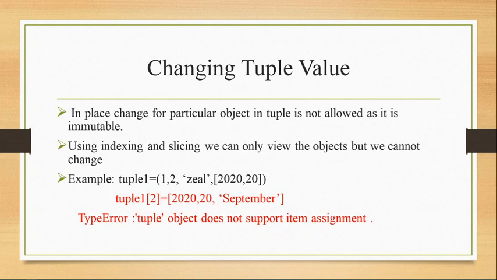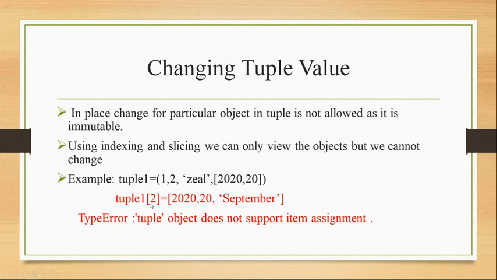Now, changing tuples. In-place change of a particular object in a tuple is not allowed as it is immutable. Using indexing and slicing, we can only view the object but we cannot change it.